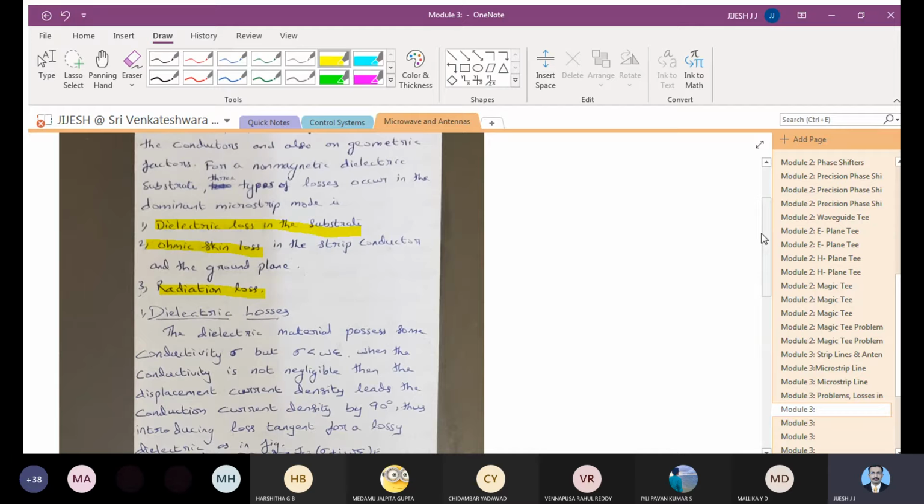So shall we explain the dielectric losses? To find the dielectric losses, we'll have a few equations, and with that we'll find the dielectric losses of the microstrip line.